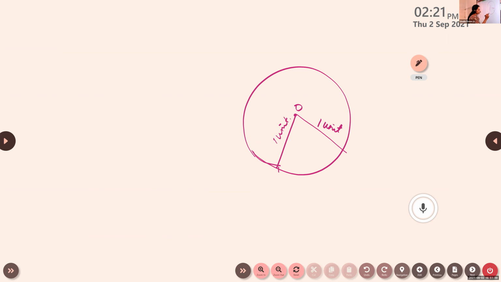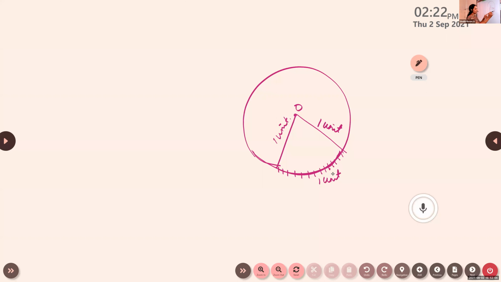Now listen, what is this part called? This is called an arc. So consider an arc length of 1 unit. You draw a circle of unit radius and consider an arc of length 1 unit.